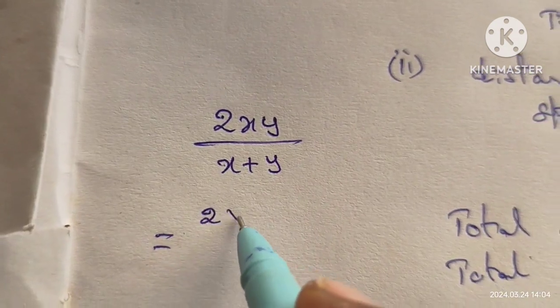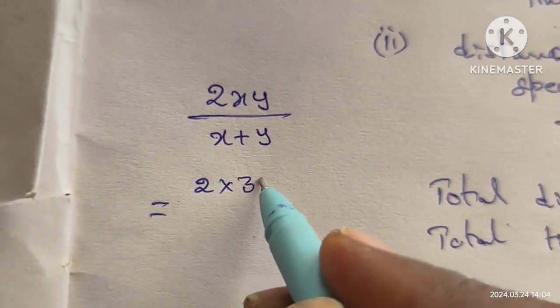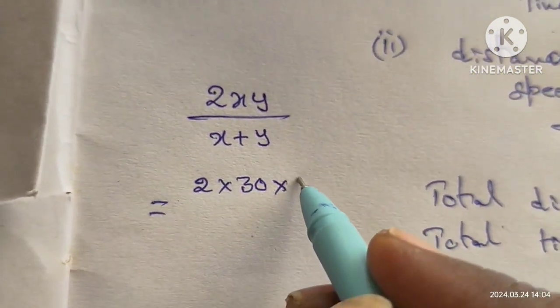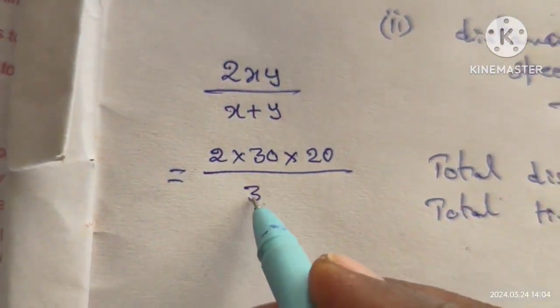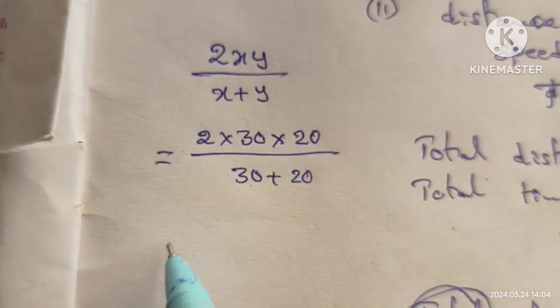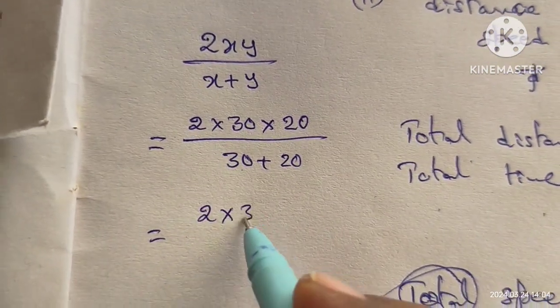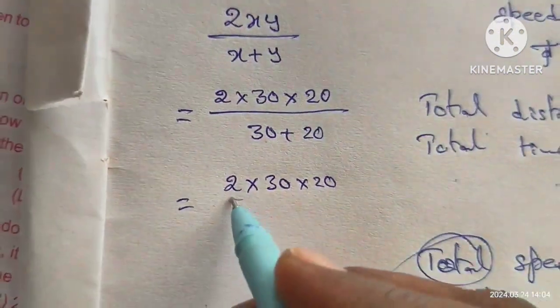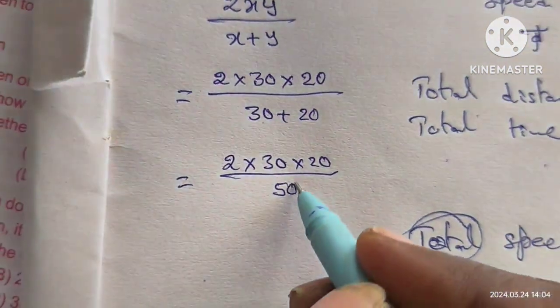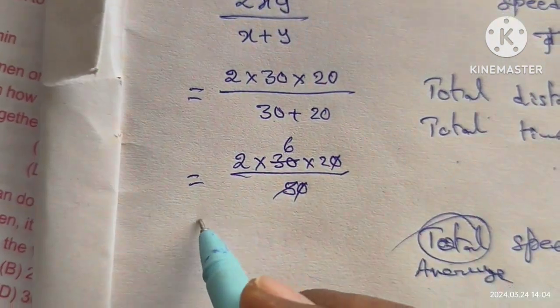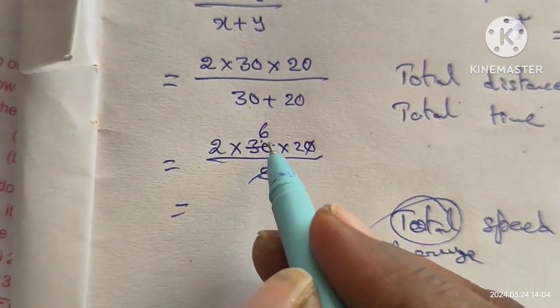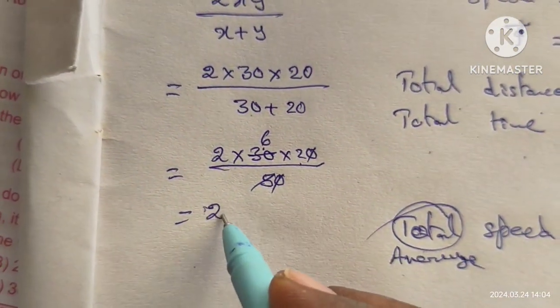That is 2 into the first speed 30 into the second speed 20, by x plus y, 30 plus 20. It's equal to 2 into 30 into 20 by 50. The zeros cancel, 5 ones are 5, 5 sixes are 30... 2 sixes 12, 12 twos 24.